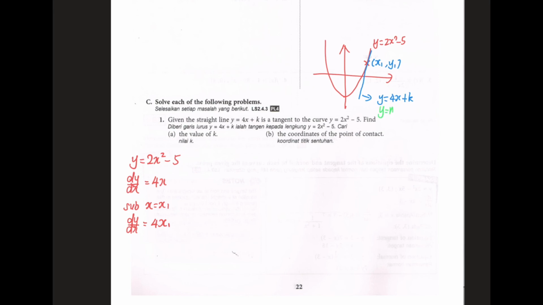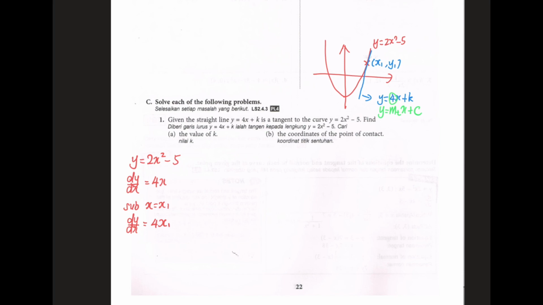Just now I also mentioned y equal to gradient of tangent times x plus c is the formula for the equation of the tangent. So because of that, this 4 is the gradient of the tangent.